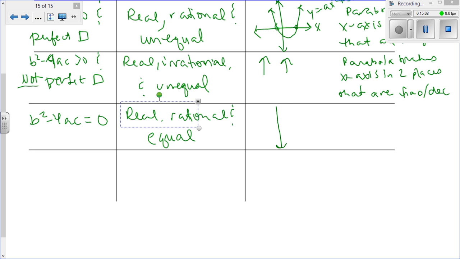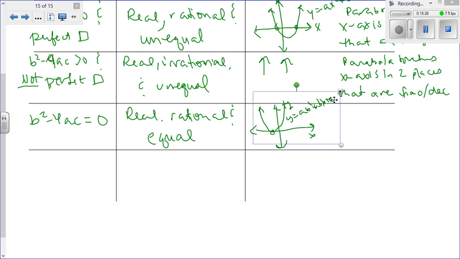What my graph would look like would be it touches the graph just in one place, and we call this tangent.